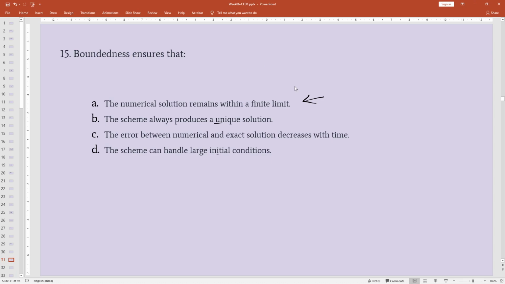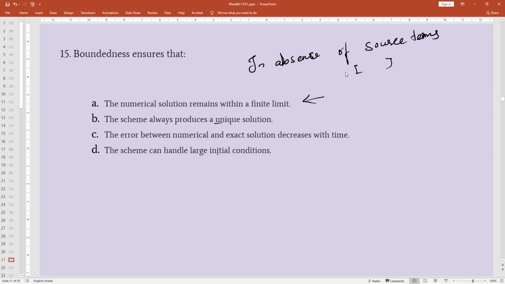In an elaborated definition, you can say that in the absence of any sources inside our domain, our solution should remain within the boundary values.